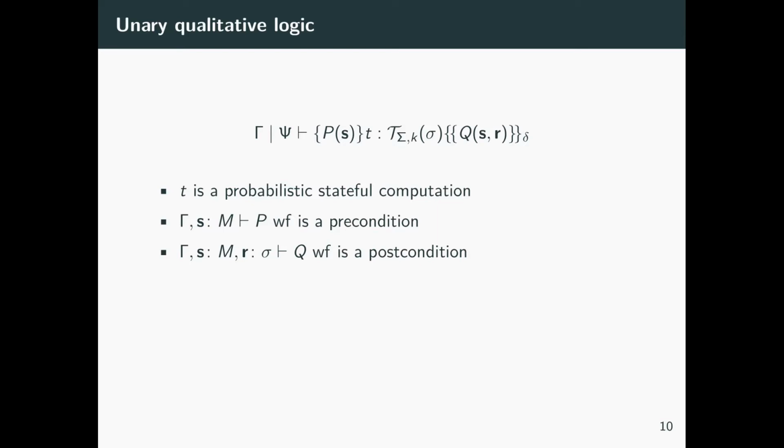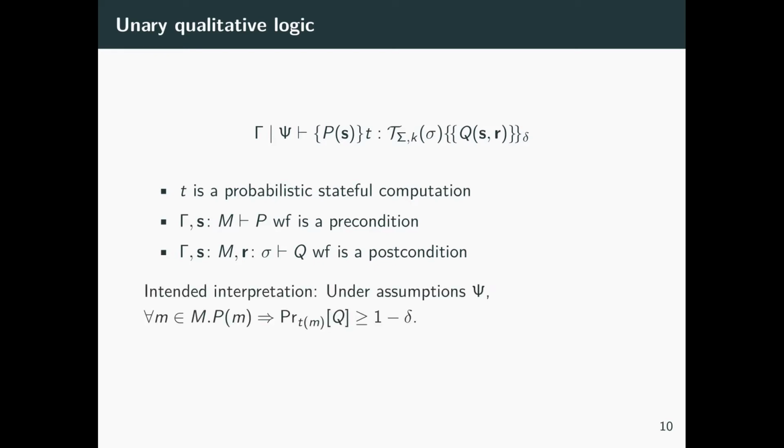Here, the precondition P is an assertion that may contain a distinguished variable S representing the initial state. Similarly, the postcondition Q is another assertion containing a variable S representing the final state and a variable R representing the final result. However, the interpretation is not as straightforward as in Hoare logic.